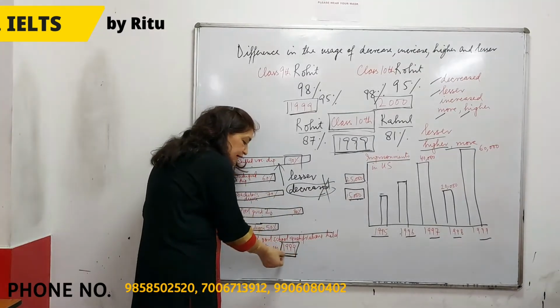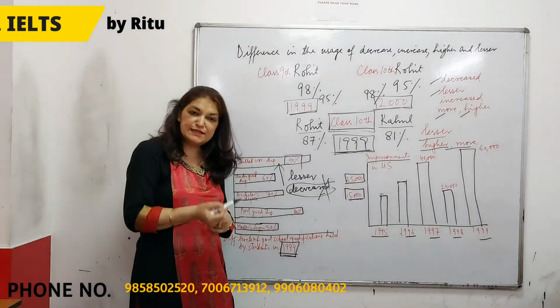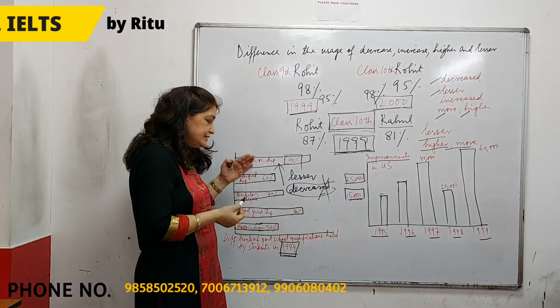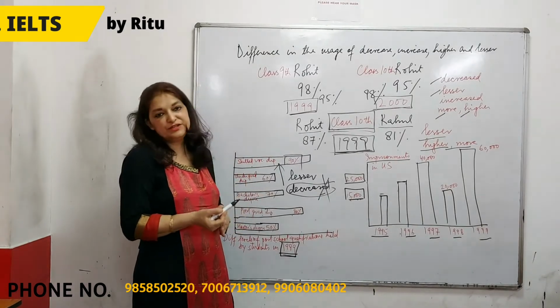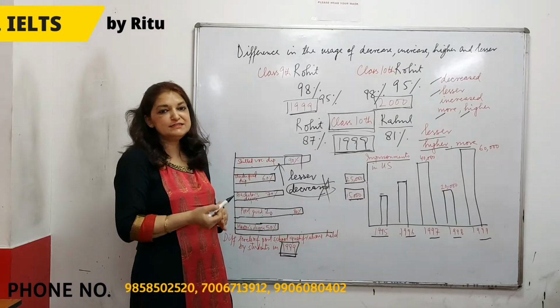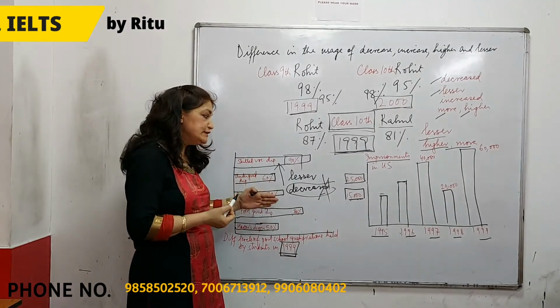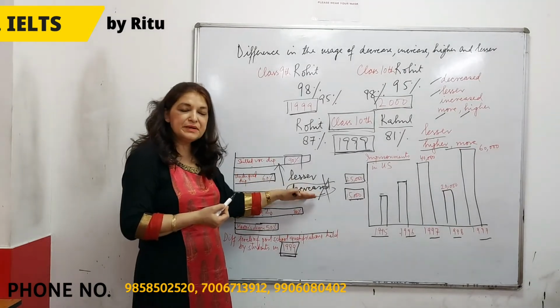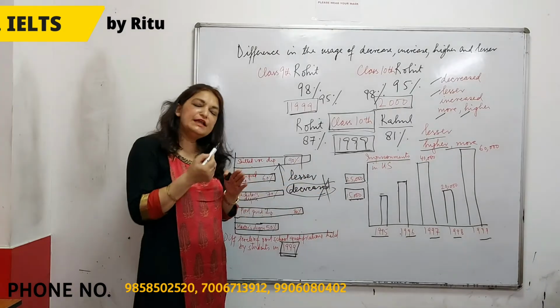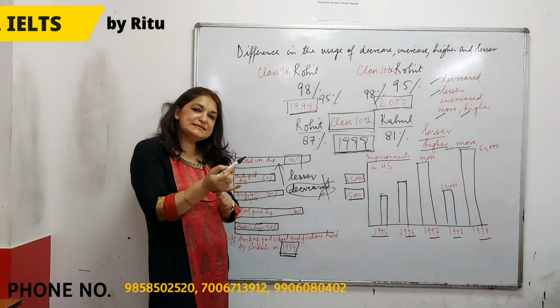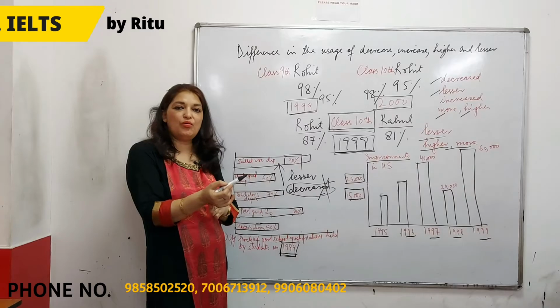Reason being, time is 1999. The data is about one particular year, that is 1999. So I cannot use these words decreased or increased. I can only use these words lesser, higher, more.